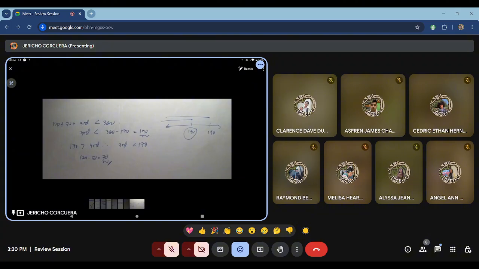So the third angle is less than 360. So 170 is greater than the third angle. It's less than 170, rather.